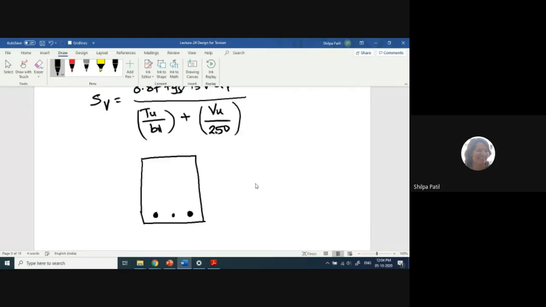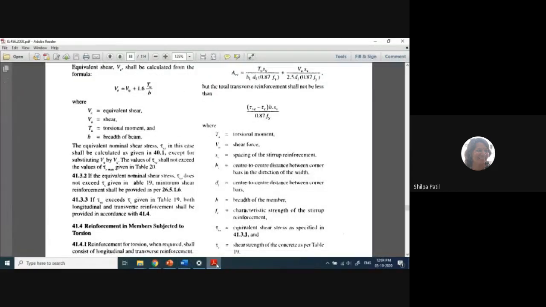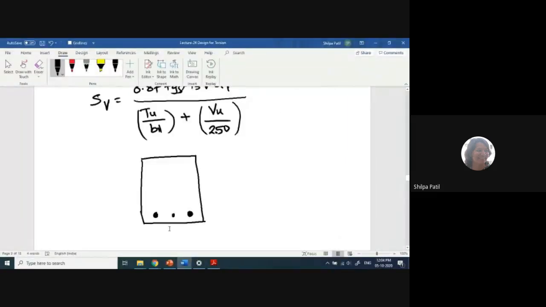So what is the description given for B1? B1 is the center to center distance between corner bars in the direction of the width. That means I want to find out this distance. This is B1.